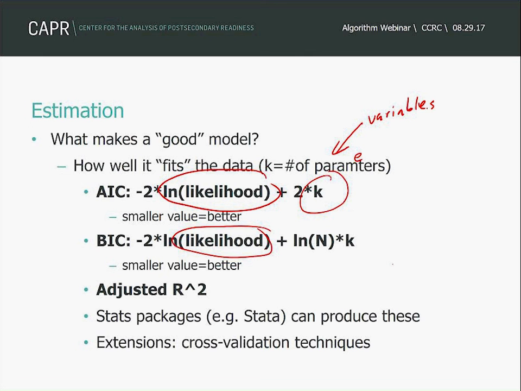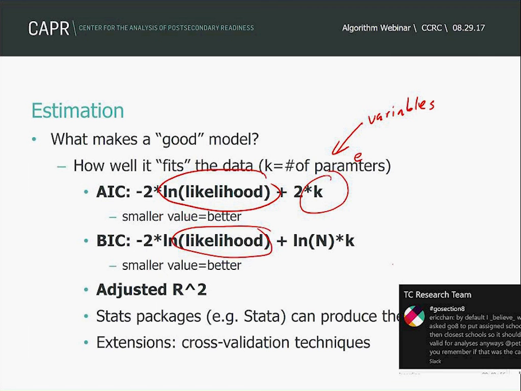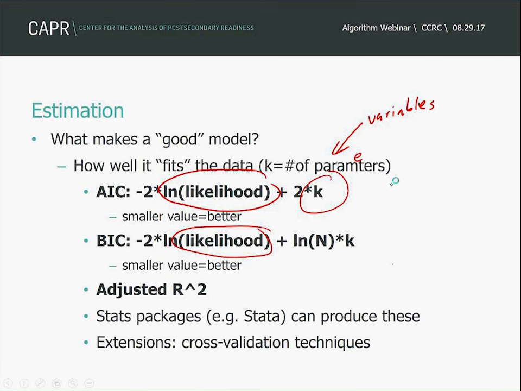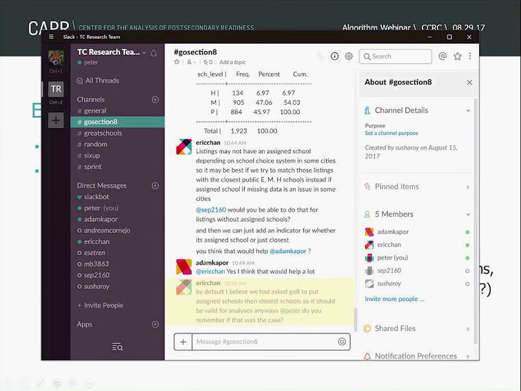One thing is that if you include more and more parameters, more and more variables, mechanically you start to fit the data better, even if these additional variables aren't all that predictive. So if you just include a whole bunch of indicator variables, even if they aren't all that meaningful, you'll start to be able to fit the data better.